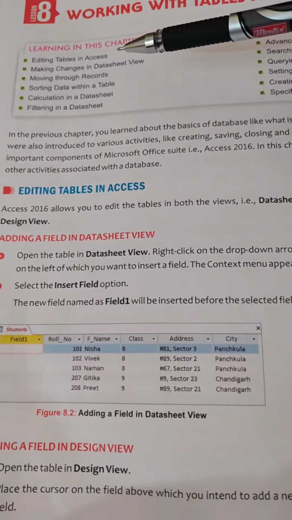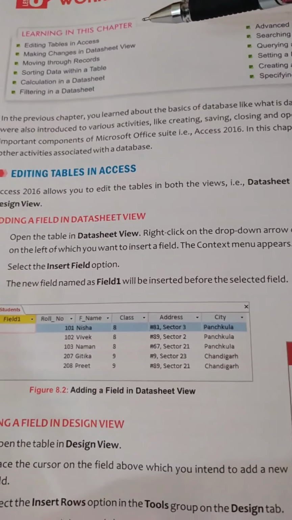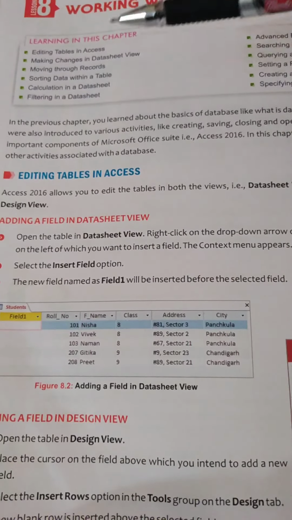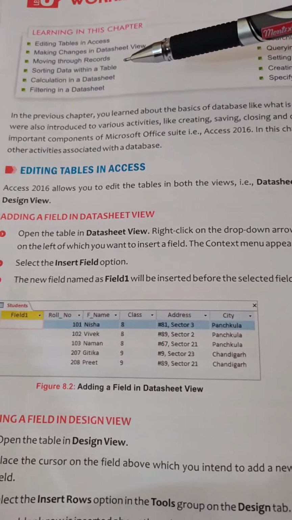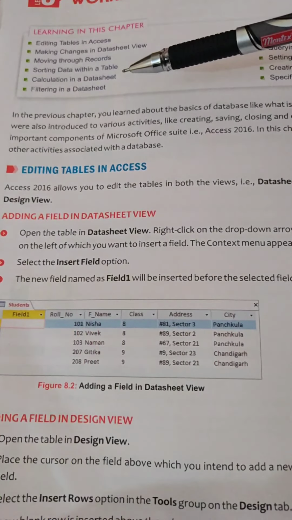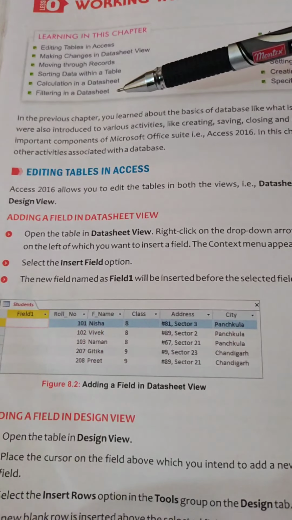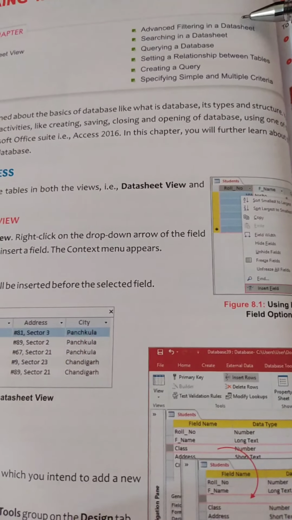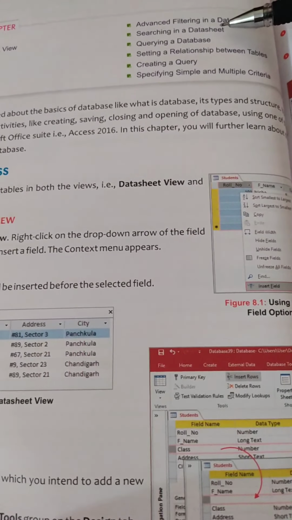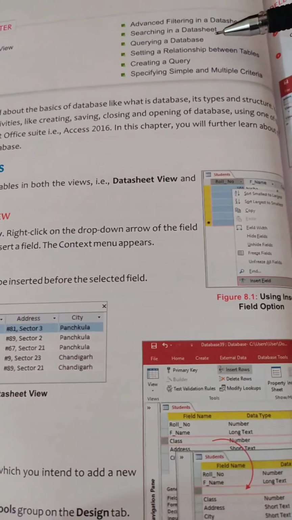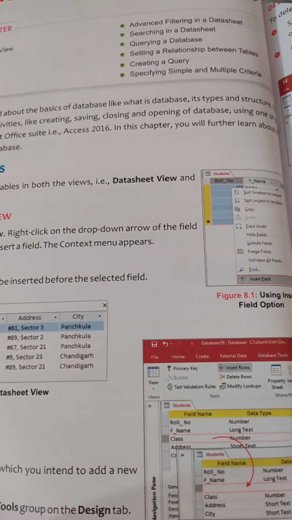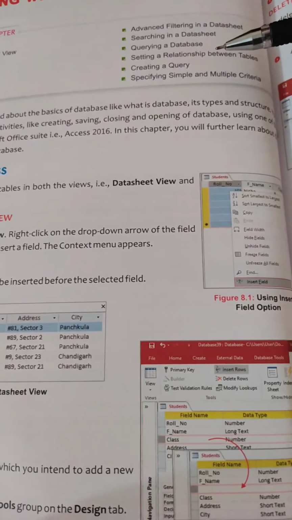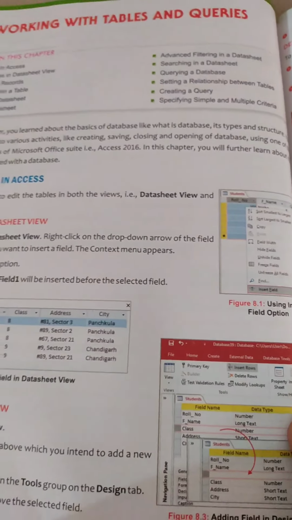First is editing tables in Access, making changes in datasheet view, moving through records, sorting data within a table, calculation in a data sheet, filtering in a data sheet, advanced filtering in a data sheet, searching in a data sheet, querying a database, how to set a relationship between tables, creating a query, specifying simple and multiple criteria.